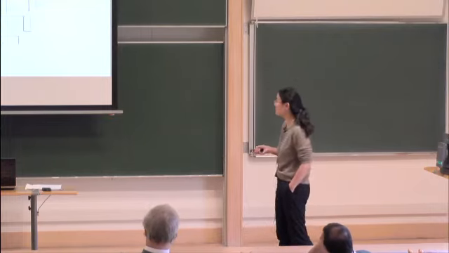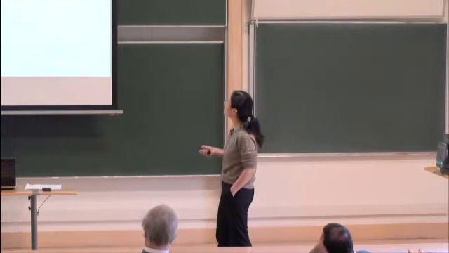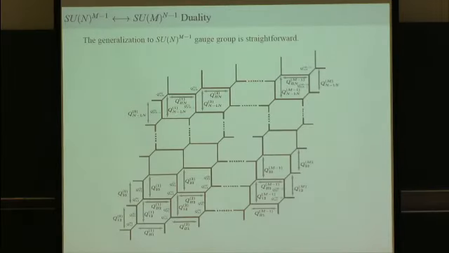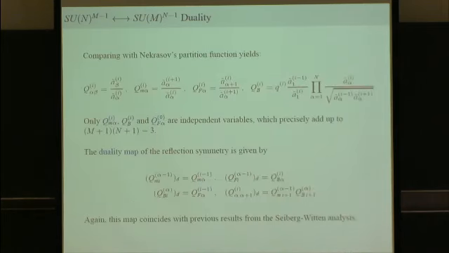So now the sum takes a bit more energy to do, but in the end you can do that. And comparing with the Nekrasov partition function, the QMs are related to the A tildes, the quotients like this. And the QB is again proportional to the coupling constant.